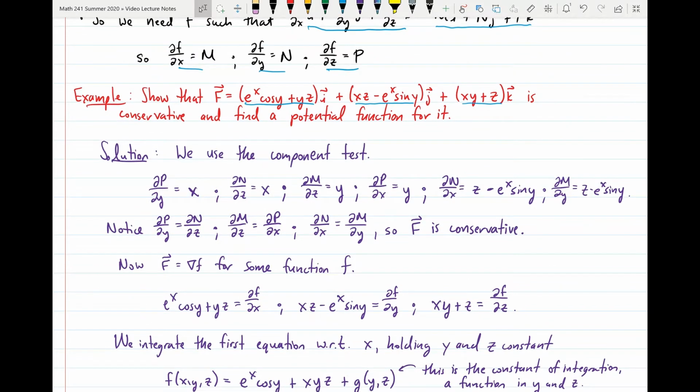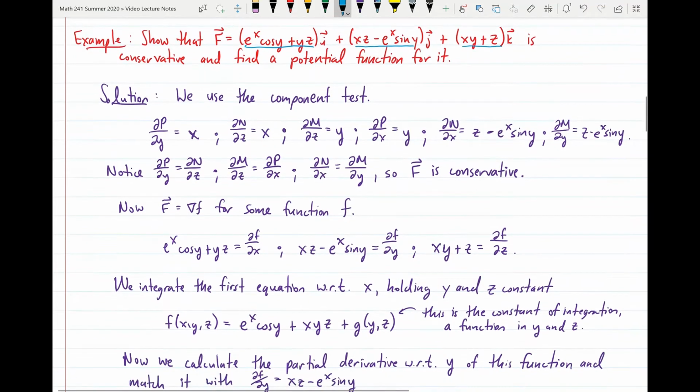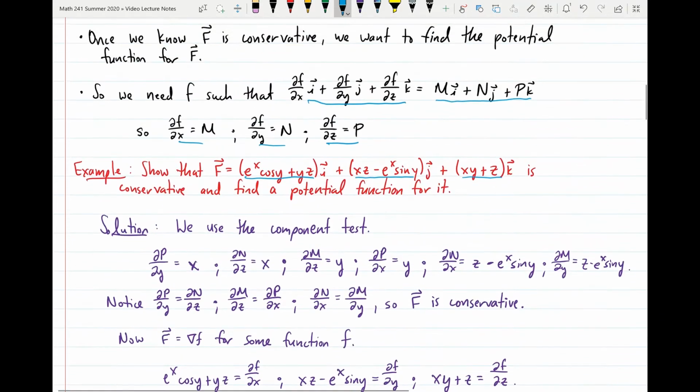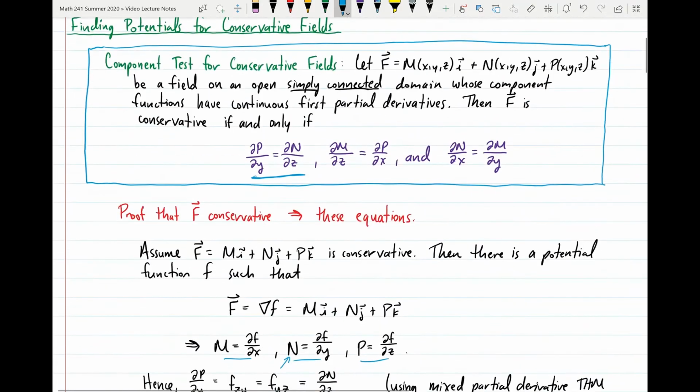And each of these partial derivatives has been calculated in such a way that they are adjacent to the appropriate partial derivatives to use the component test. So we can see that partial P with respect to y is equal to partial N with respect to z, and that is the first equation from the component test up here.